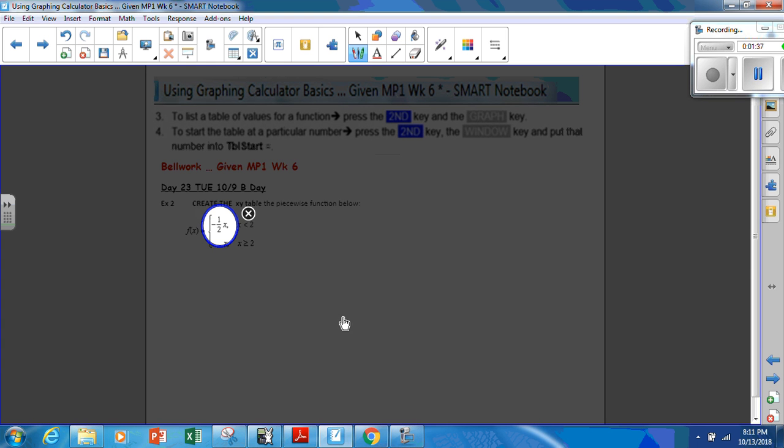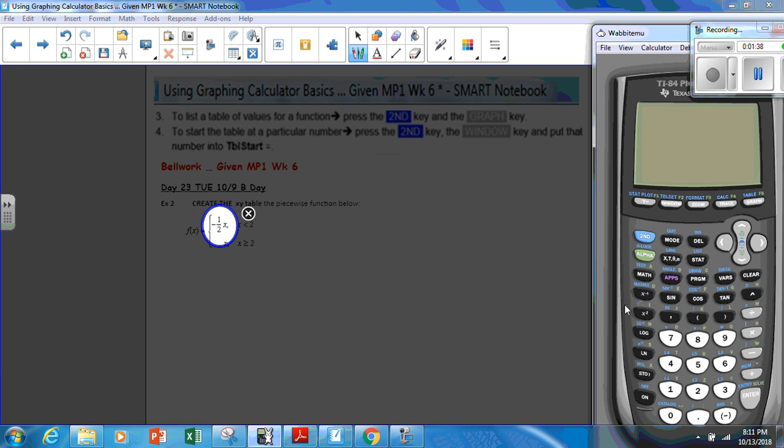So for y1, negative 1 over 2 x, I would find by hitting alpha y1, that's my fraction cheat code, negative 1 over 2, and then x.